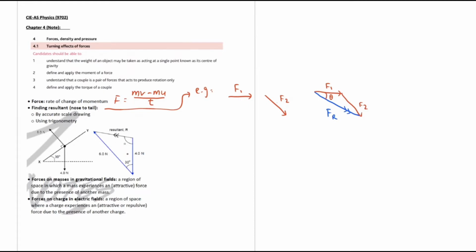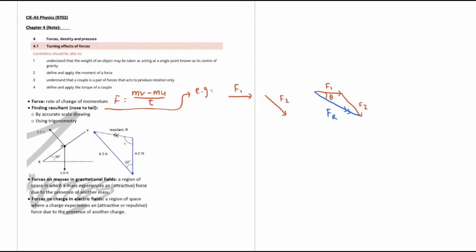Okay, now let's see what they do here. They draw the 5 Newton downward, and then they draw the 6 Newton. If they draw like this, this is not the normal reaction. Normal reactions won't be put together to form a resultant.